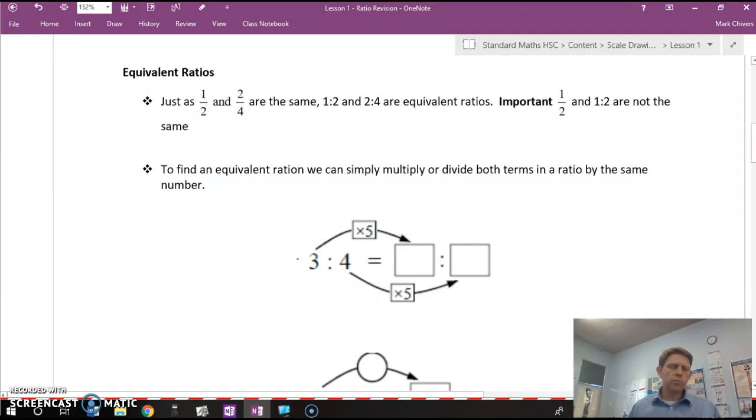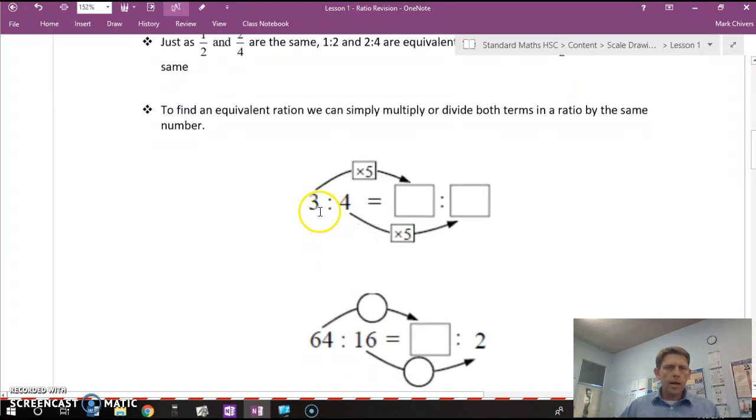A half expressed as a ratio is 1 is to 1, because if I've got a half of something, then my side is worth the same amount as the other side. So a ratio of 1 is to 2 is actually a third and 2/3, because there's 3 parts and you've got 1 on one side and 2 on the other side.